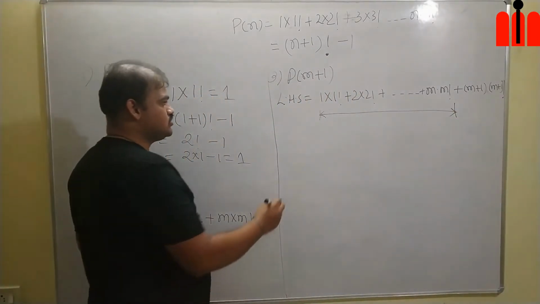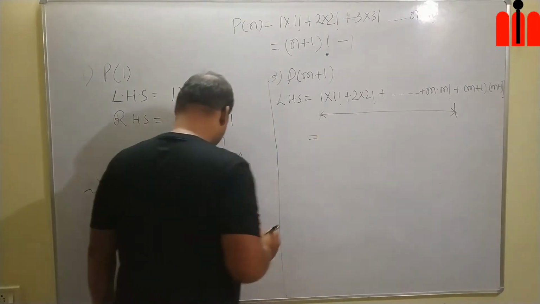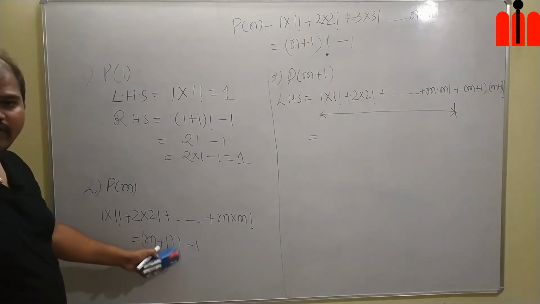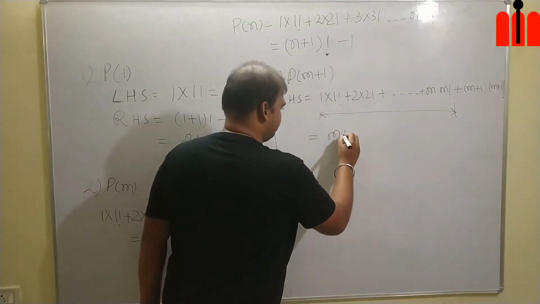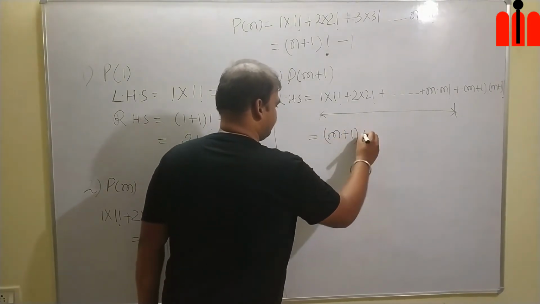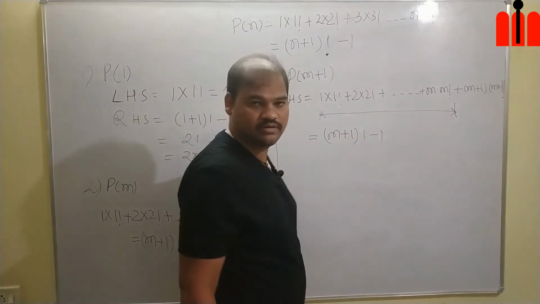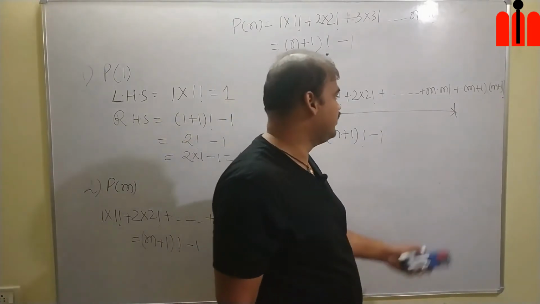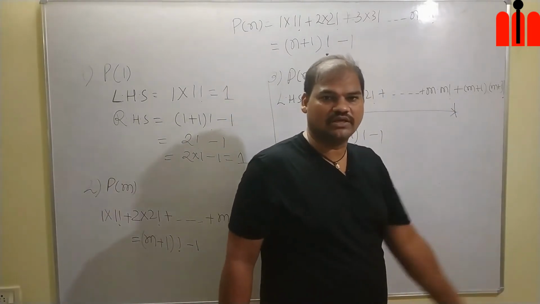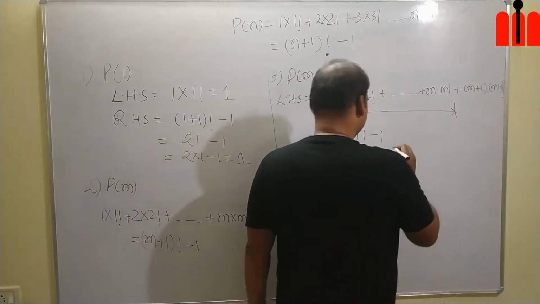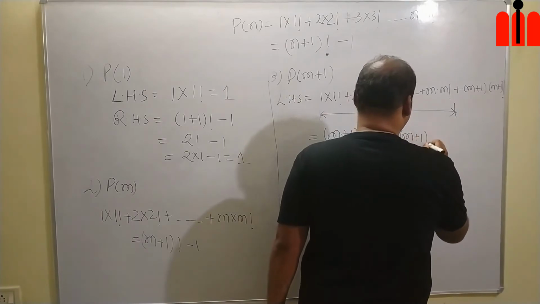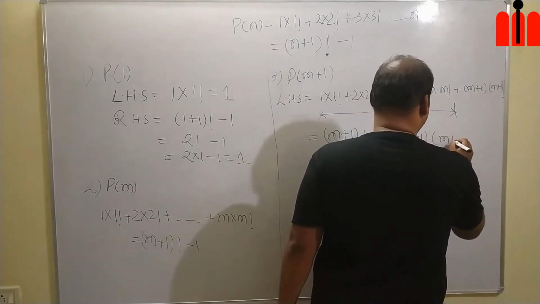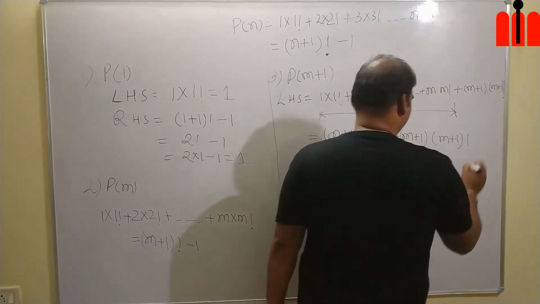Once I substitute this, it will become m plus 1 factorial minus 1. Now what are we left with? We are left with the m plus 1th term. So the m plus 1th term will be m plus 1 into m plus 1 factorial.